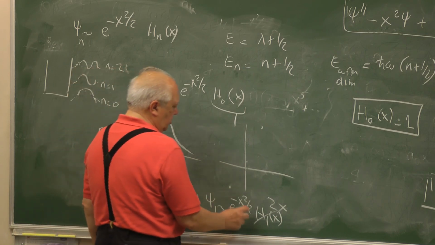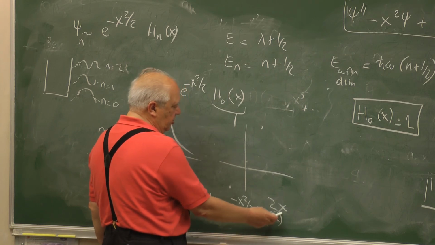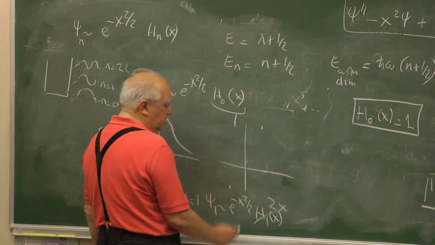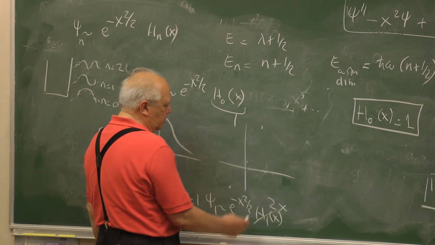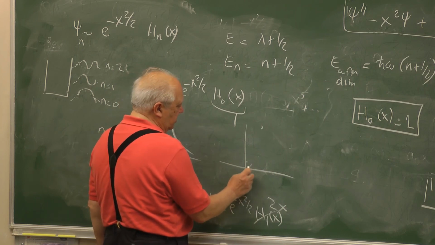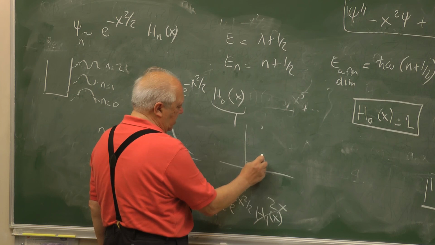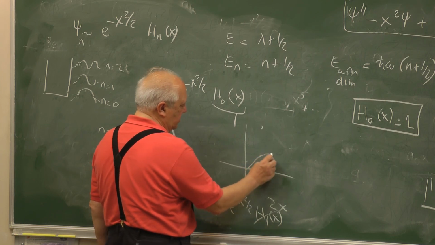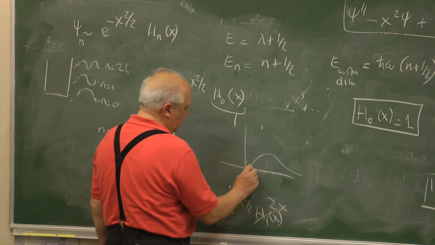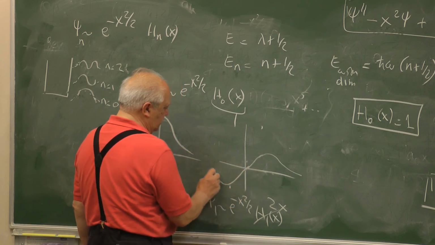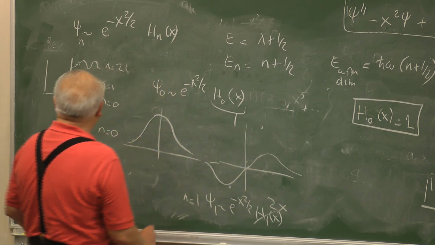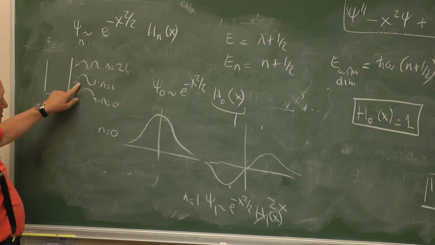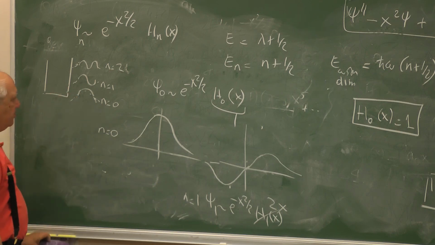For small x, 2x is dominant because x squared is squared. So this is going like this, and then this will take over and will dampen out. And similarly, this will go like this. And okay, here we have it. All right, and one last one.